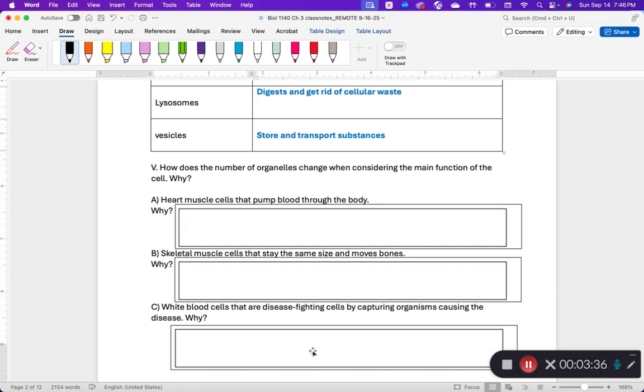For instance, here it says heart muscle cells that pump blood through the body. If its job is to push blood through the body, which organelle do you think is going to have to increase in number in order for it to do that job?